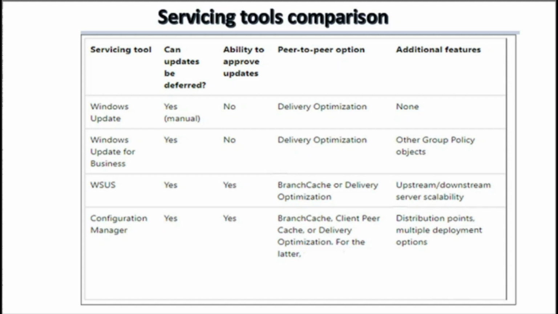Additionally, with SCCM, we can configure the Windows client to use peer-to-peer cache or BranchCache or even delivery optimization to reduce the network bandwidth usage. Using an SCCM distribution point, we can provide the full patch content locally to the device in a low network bandwidth area.